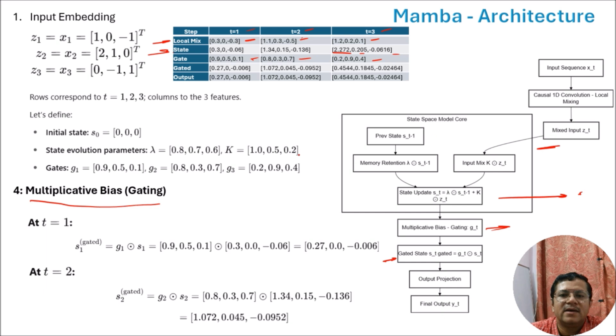So at time t equal to 1, we use the state S1 output and multiply it with gate G1, state S2 output with G2, and state S3 output with gate G3, and finally this type of output we will get through element-wise multiplication.